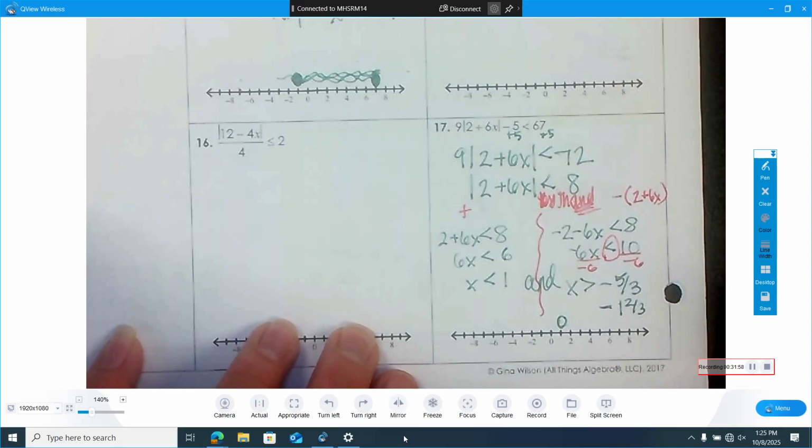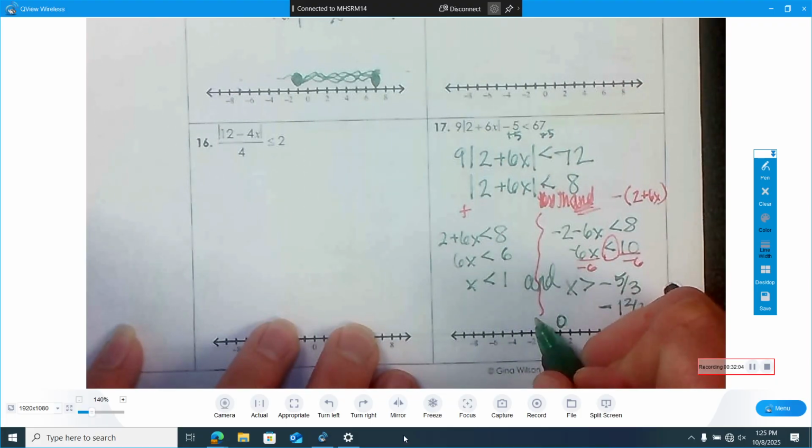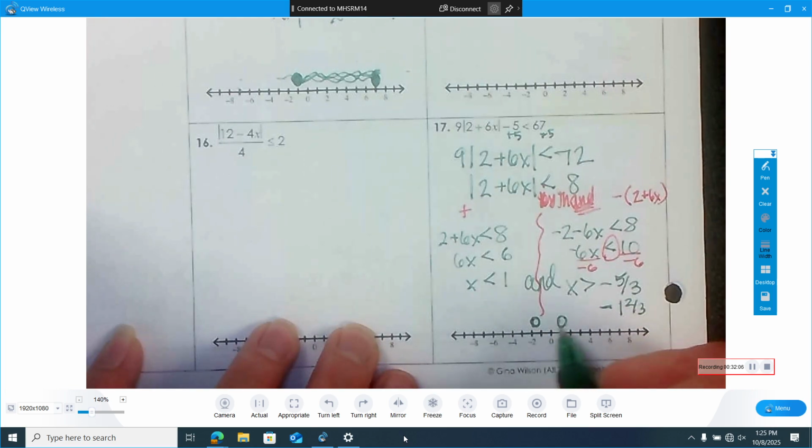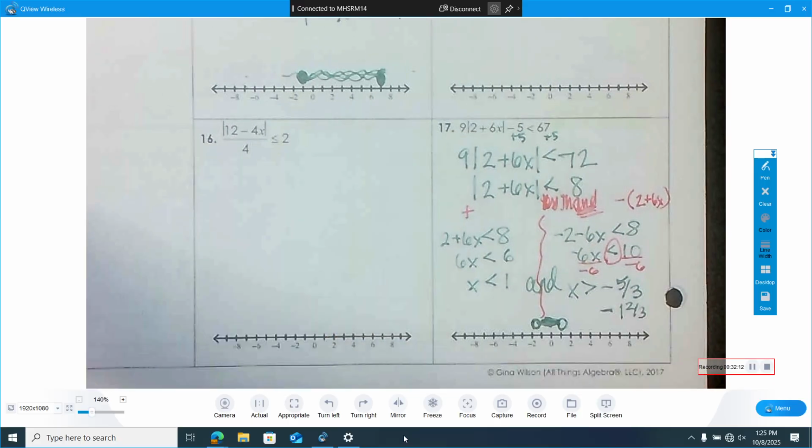Do you remember that? So this is really 1.66666. So it's really close to the negative 2, actually. So it's like about there. So we want numbers less than 1 and greater than the negative 5/3, so we shade in between our two open circles there. Capiche? Okay.